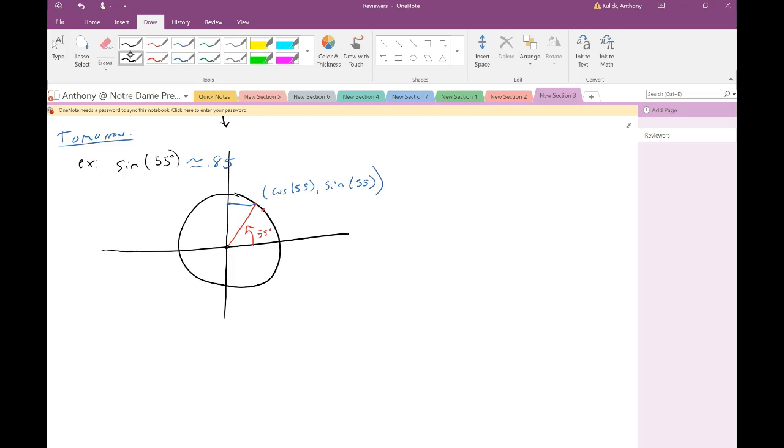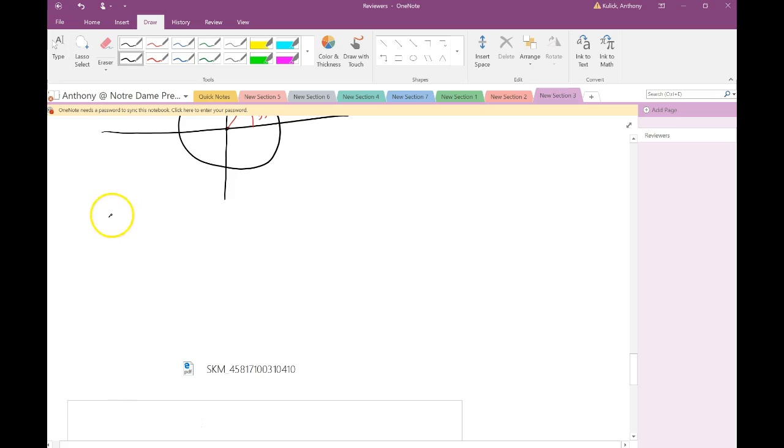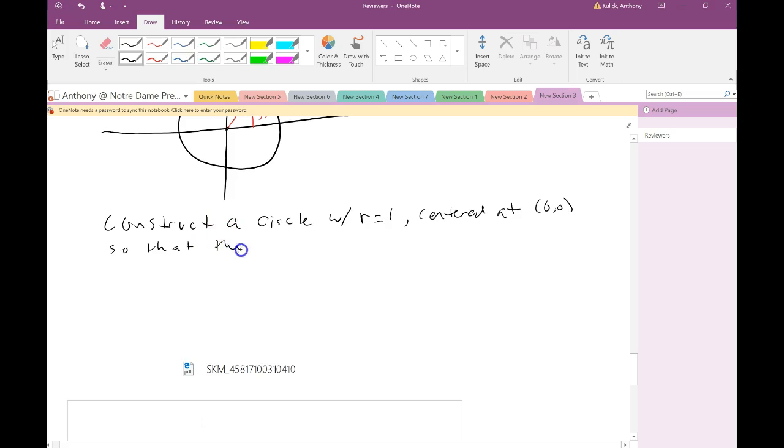The idea is we're going to construct a circle with radius 1 centered at 0, 0, so that the points on that circle are cosine theta, comma, sine theta.